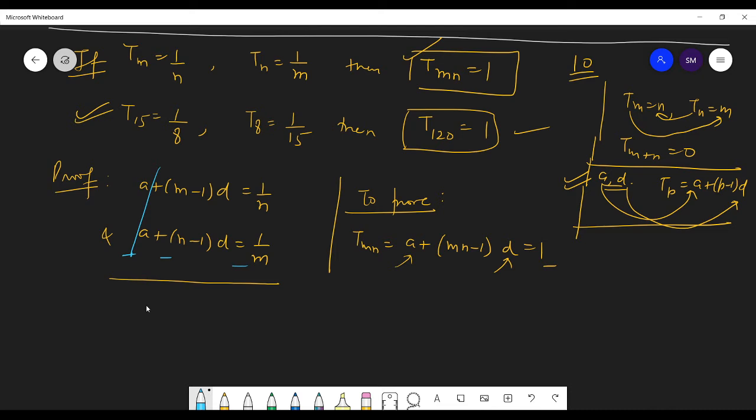Agreed? Yes, sir. So (m minus 1) minus (n minus 1), into d, is equal to 1 by n minus 1 by m. Agreed? Yes?